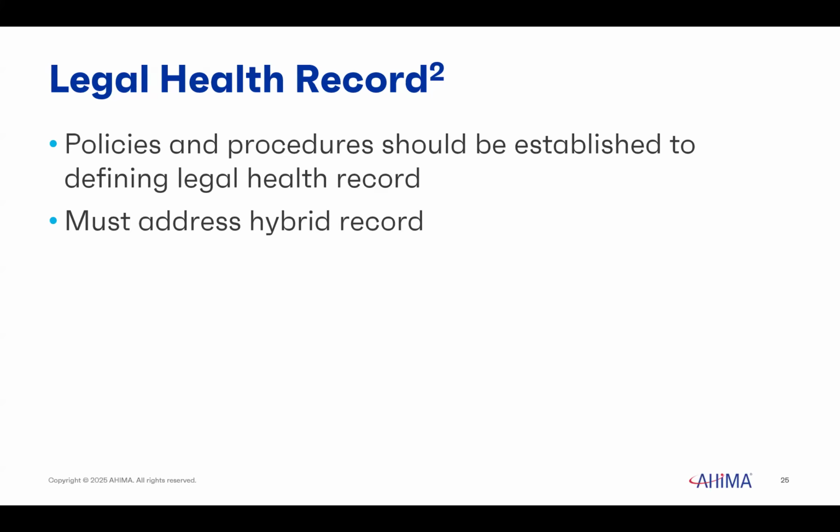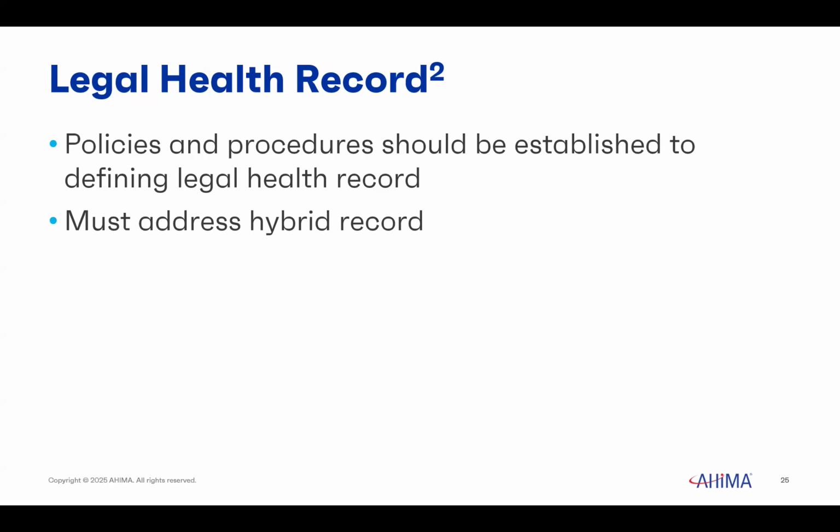When we talk more about the legal health record, we're talking about things that are not necessarily just paper or electronic. Ideally, we want healthcare organizations to have policies and procedures that define what the legal health record is, including any other record system, right?